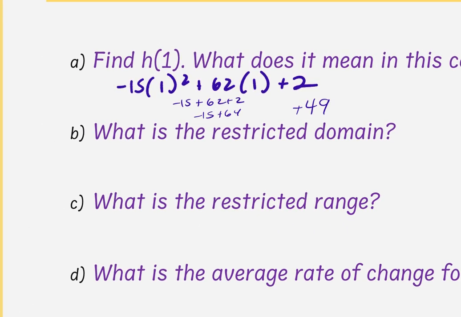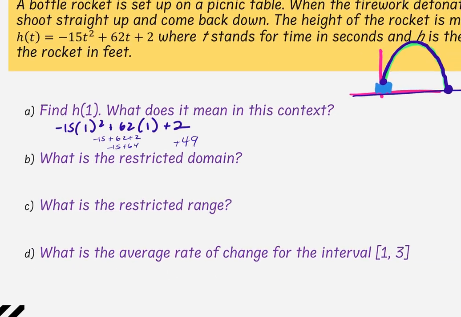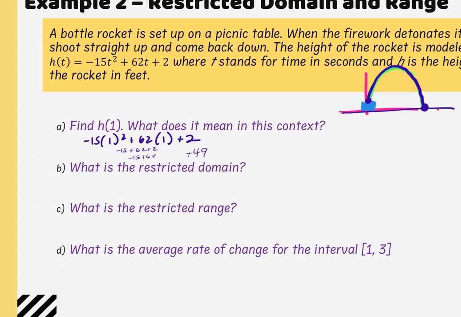The second part says, what does it mean in this context? So using this specific real world example, what does it mean that h of 1 is 49? Go, Eva. Good.